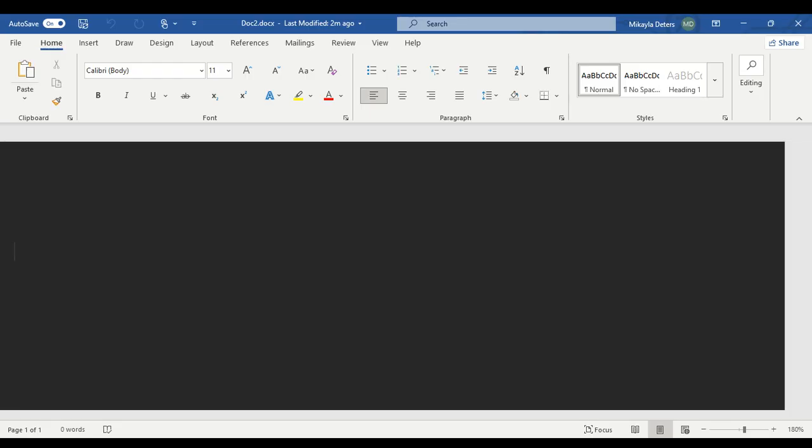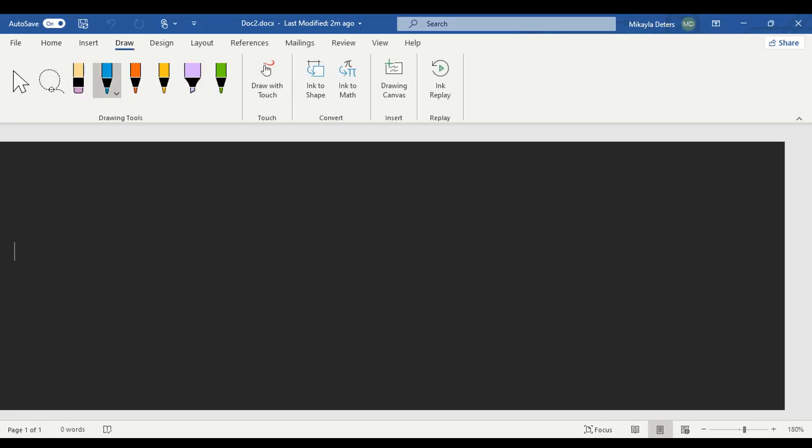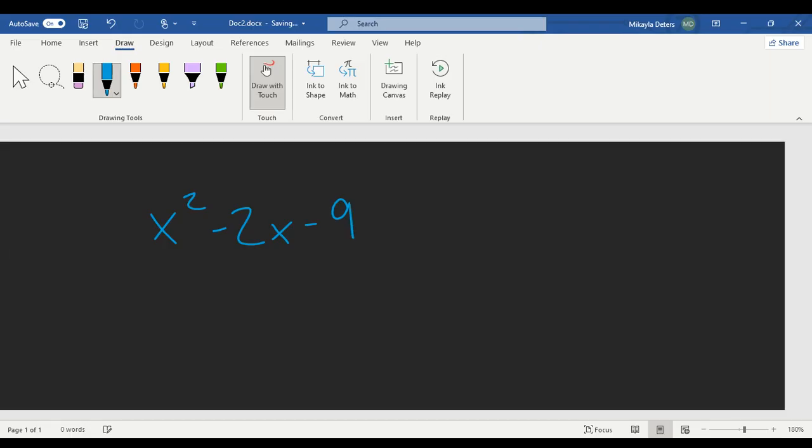All right. Our first problem is going to be x squared minus 2x minus 9 over 2 is equal to 3. All right.